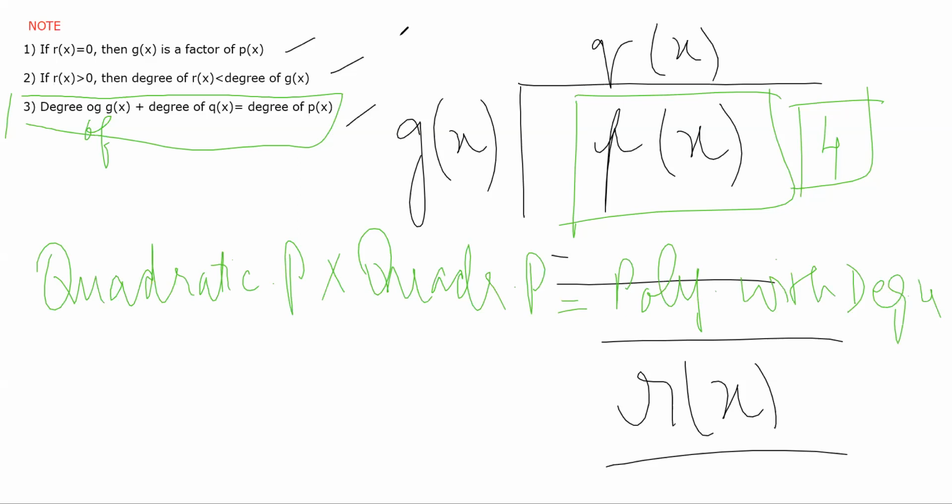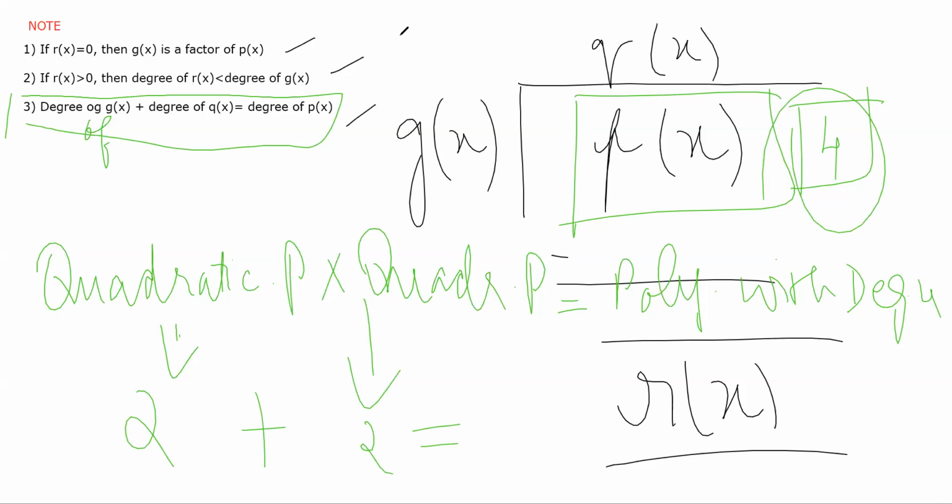Okay, so similarly, let's take this example. What is the degree of a quadratic polynomial? It is 2. And this is also 2. Sorry, it's addition of degrees, yeah, this is right. So when you add these two degrees, you get the degree of p of x. So I had taken the degree of p of x to be 4.